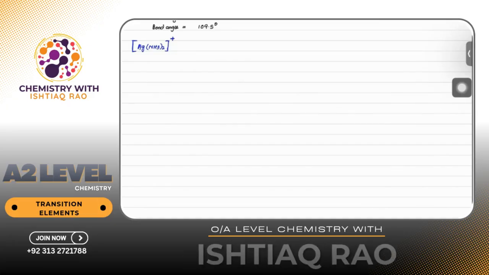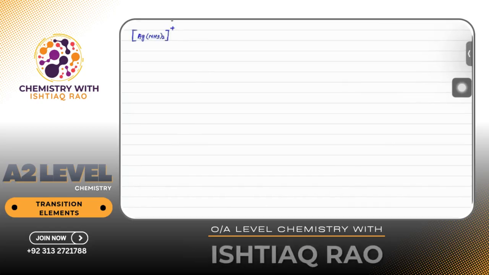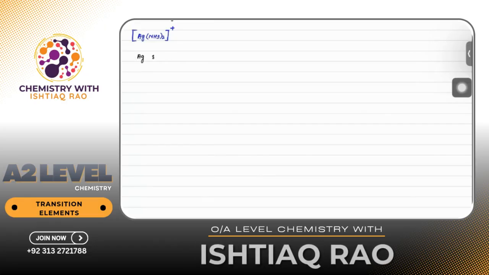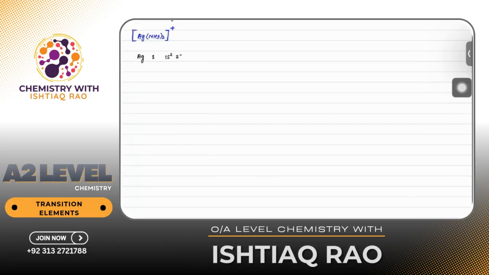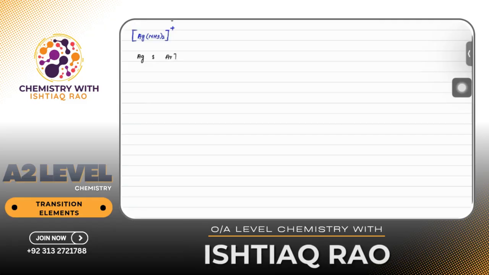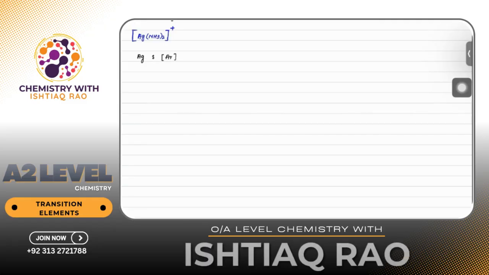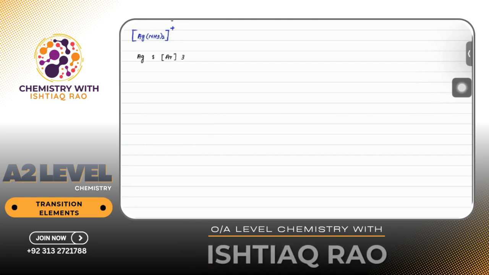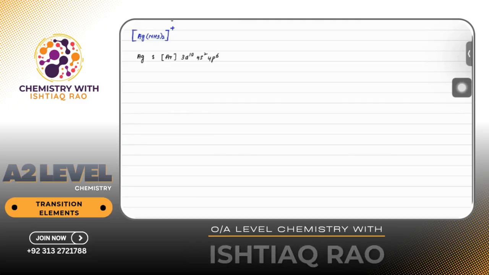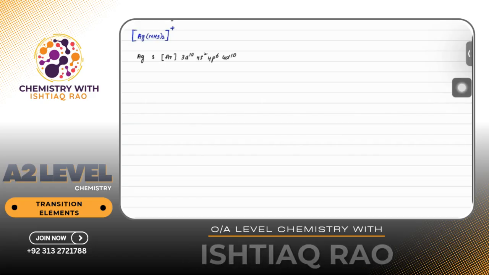So now, first of all, I'm going to write down the normal configuration of silver. You can focus on this. This is going to be the normal configuration. 1s2, or I can write argon. It's a short one. Argon is 18. Then I'm supposed to write 3d10, 4s2, then 4p6, then 4d10, and then 5s1.